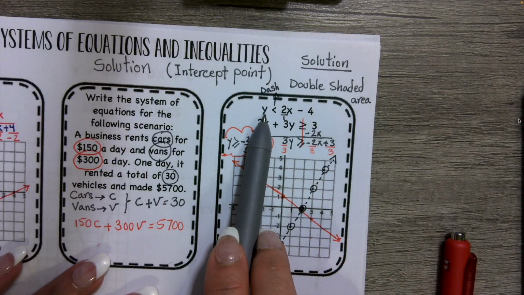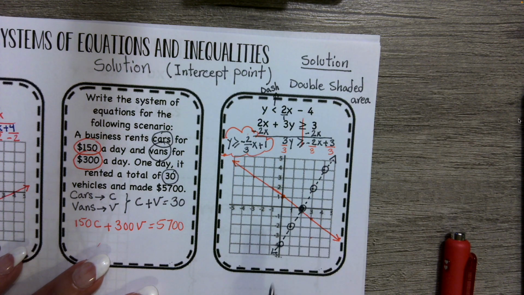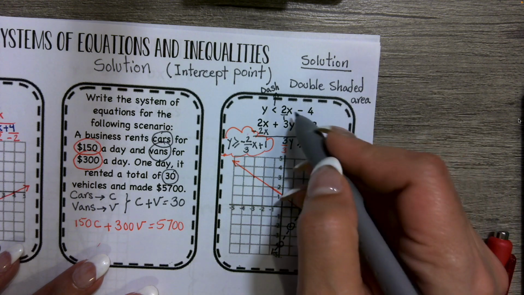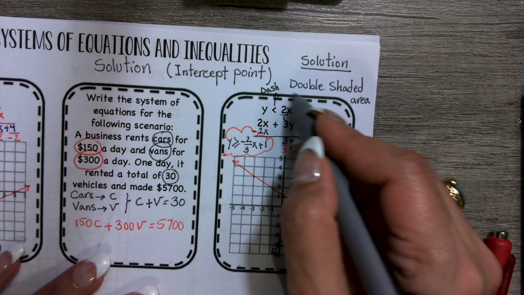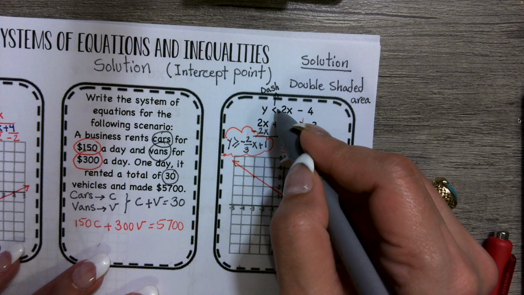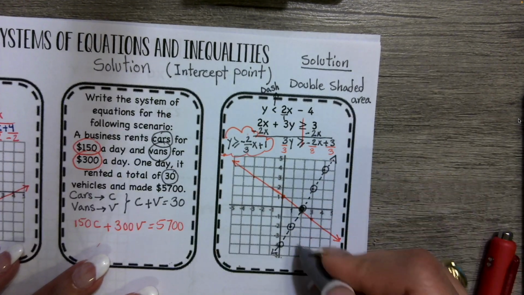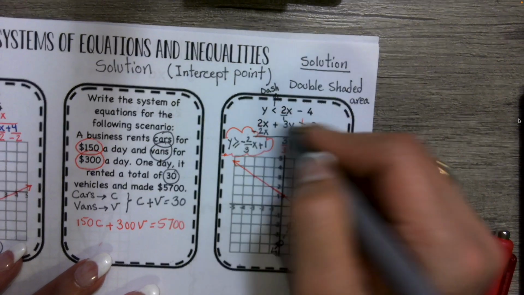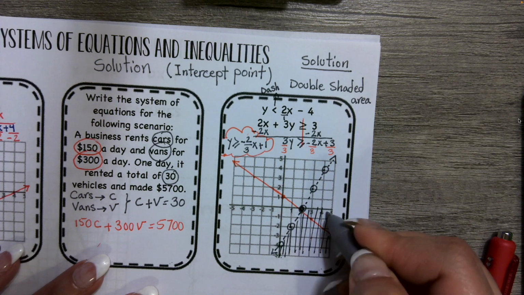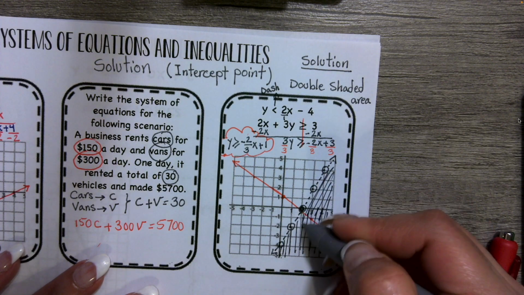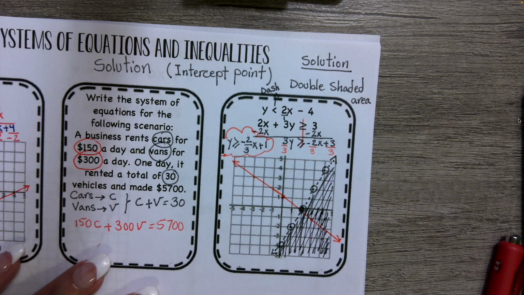For a symbol like this, if we have y less than this one, which is this one, right? It would be the lower part. The solution should be the lower part of your y because it's less than, okay? So that's our line for that equation. So it would be the lower part of that line, right?